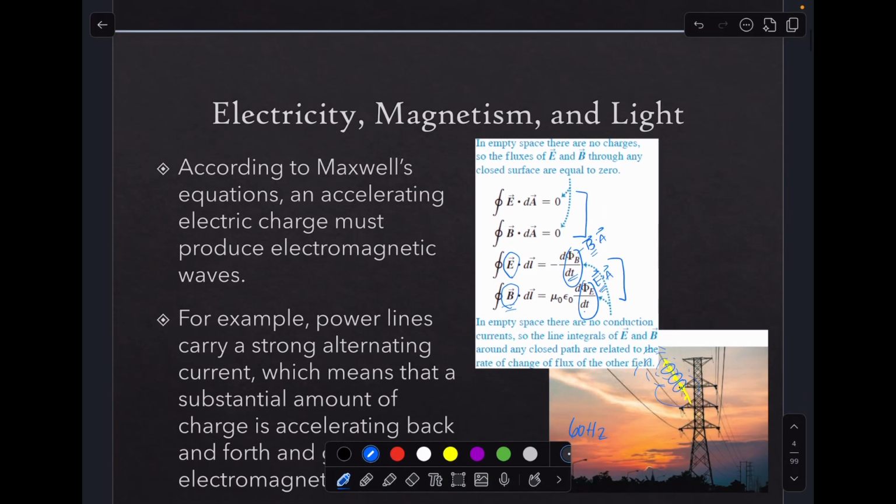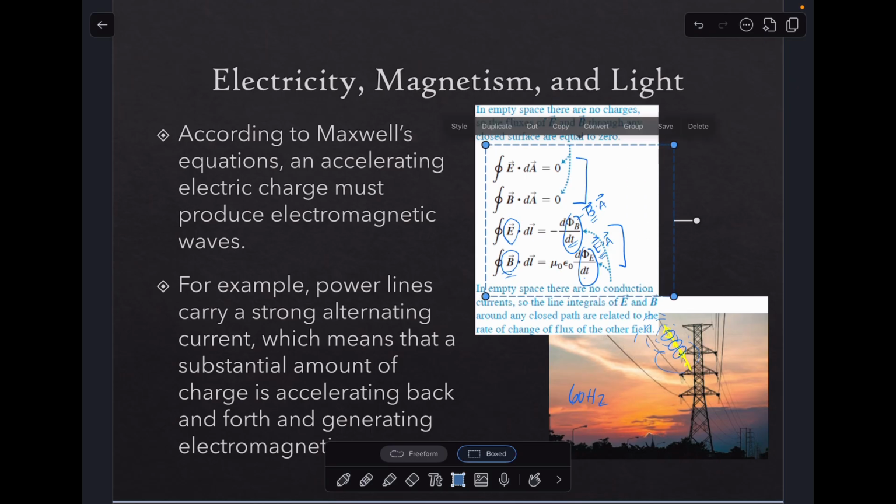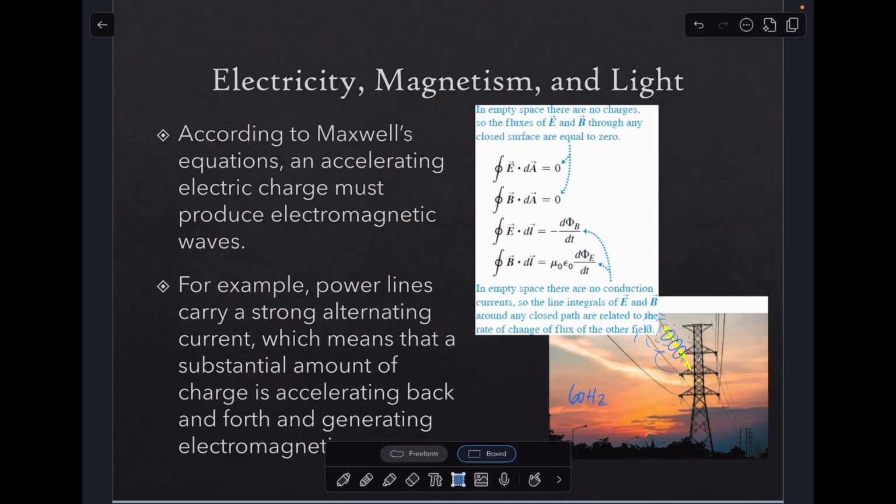So let's talk a little bit about the mathematical source of this idea that electromagnetic waves can propagate without a medium. So here we have Maxwell's equations in vacuum, okay? We may recall in the beginning of this course where we talked a lot about stationary E fields and stationary B fields.